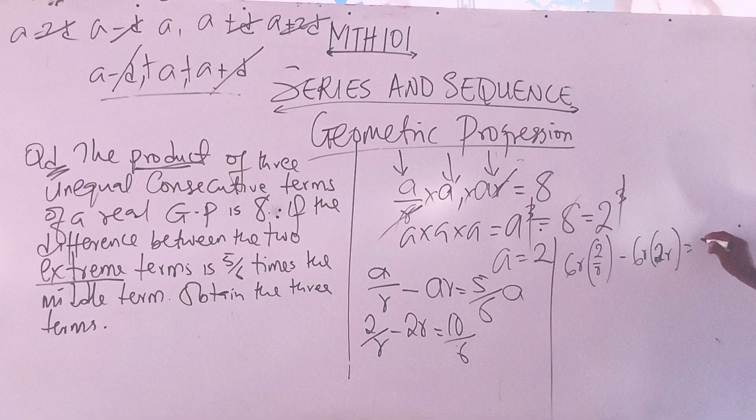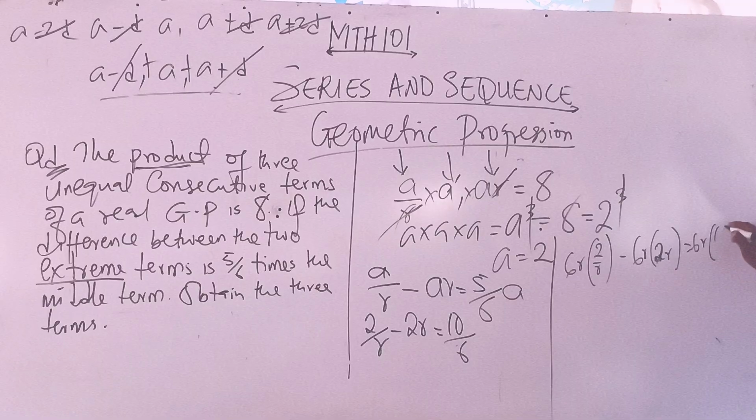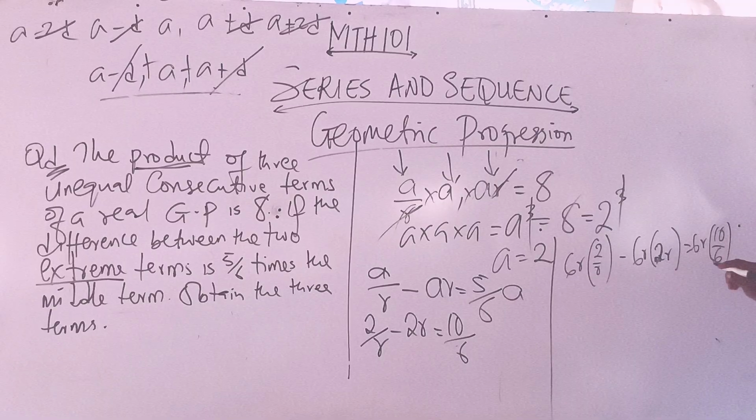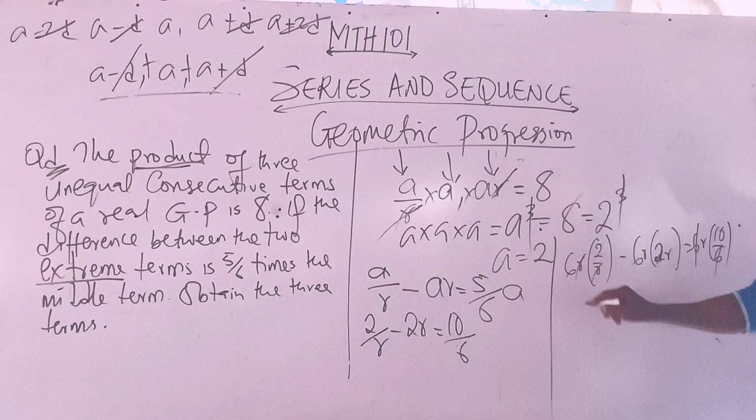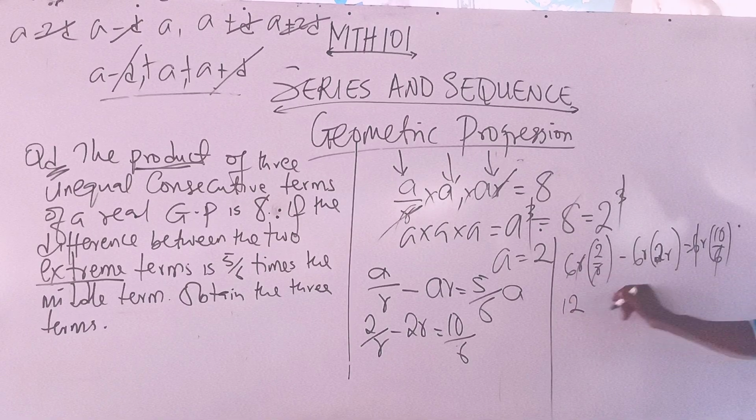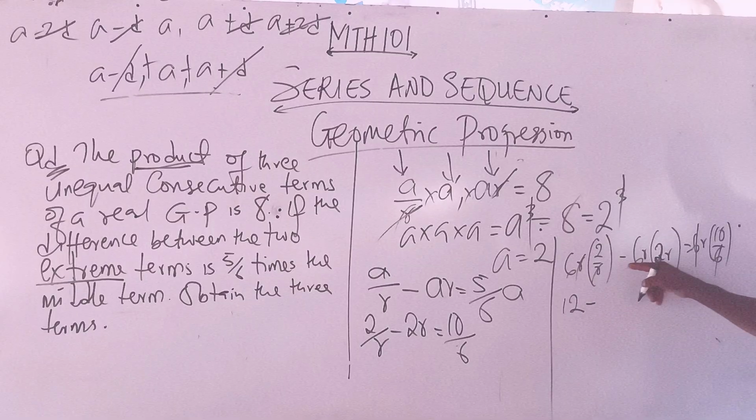Equal to what? 6R multiplied by what? 10 over 6. Can this cancel this? Can this cancel this? 6 times 2 is what? Can I write 12 here? Minus 6R times 2R. What will you get?